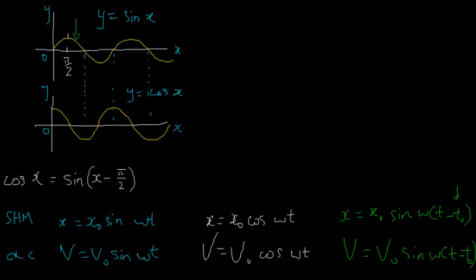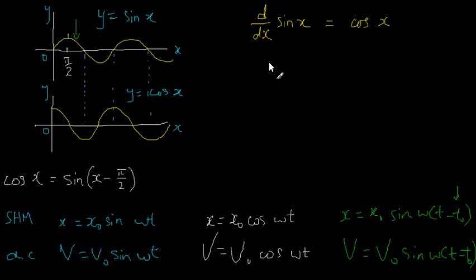Now, if you have learned calculus, you know that when you find the gradient by taking d by dx, if you do d by dx of sine x, you will get cosine x.